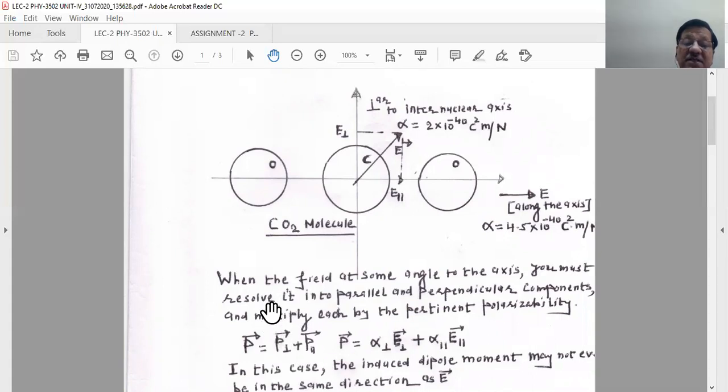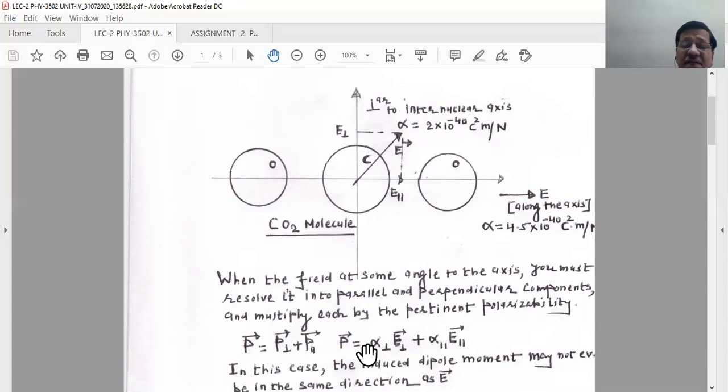Using the relationship P equals alpha times E, which we mentioned in the first lecture, I can write P perpendicular equals alpha perpendicular, the polarizability in the perpendicular direction, times E perpendicular, the perpendicular component of the electric field, and P parallel equals alpha parallel, the polarizability along the internuclear axis, times E parallel, the parallel component of the electric field.